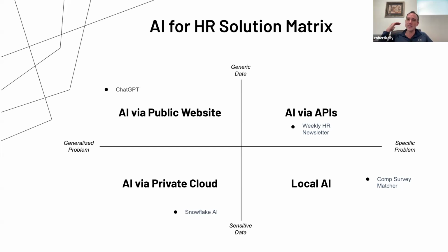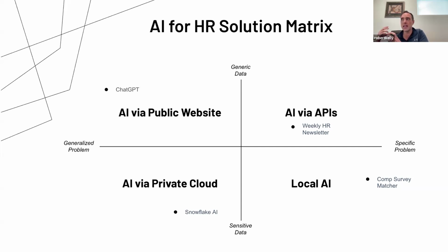In the generic data, hyper-specific or more specific problem set, we're going to have solutions that are AI via APIs. This might be something like a ChatGPT wrapper, if you've ever heard that term. A good hypothetical example in HR would be a weekly HR newsletter, where we can give this generally more generic data, but it's doing something that requires code to build, solving a more specific problem.